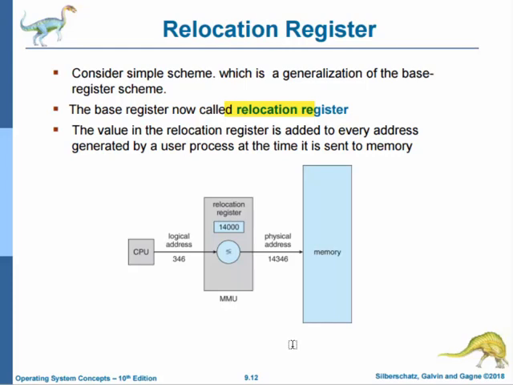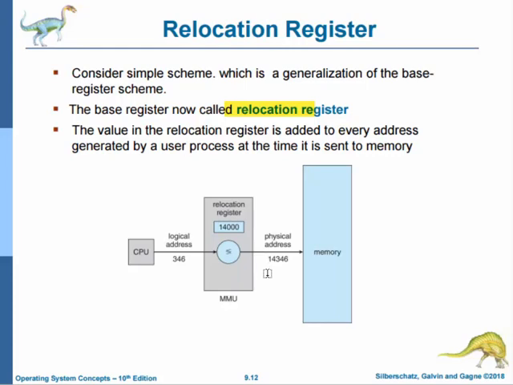Then if there is an attempt by the user to address location 0, which is dynamically relocated to location 14,000, the access to location 346 will be mapped to location 14,346. So the user program never accesses the real physical addresses.